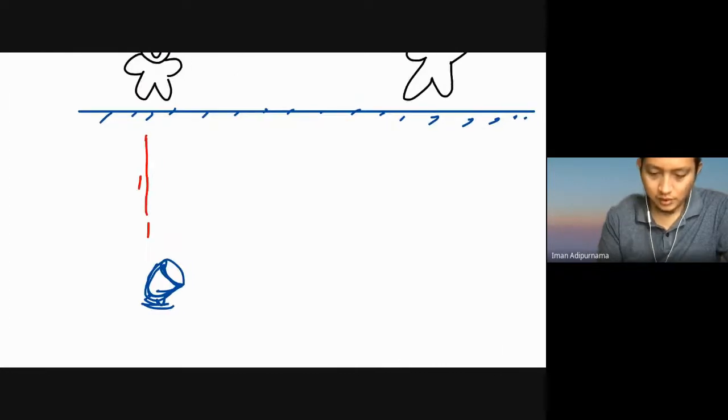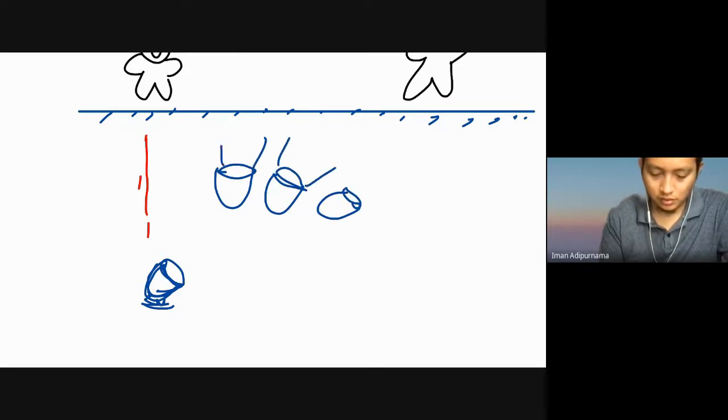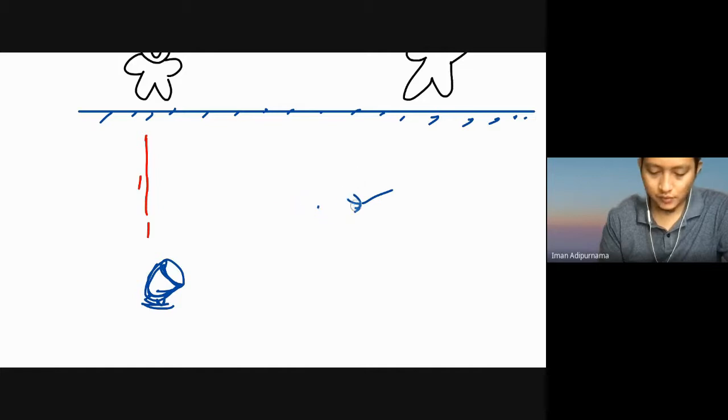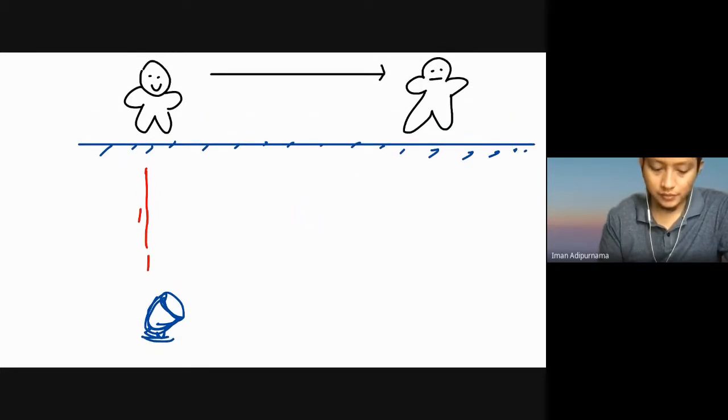So the light can move or it can rotate. Okay, the light can rotate, so it can rotate to the left and to the right, and it is focusing on the man.